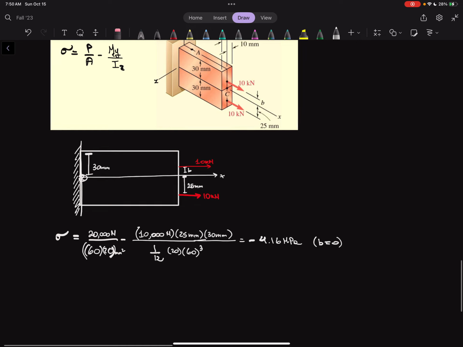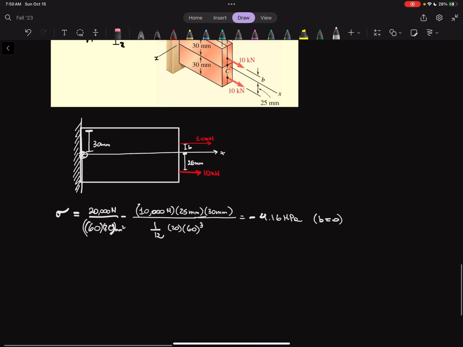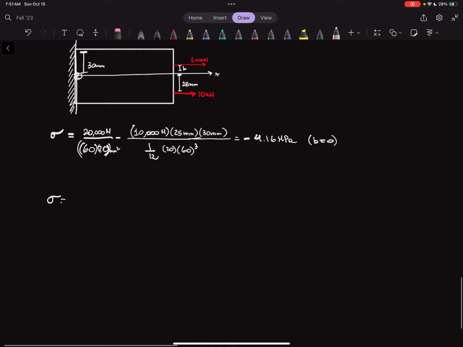And what about when B is 15? Well, this is where what I was talking about in terms of sign matters. The internal load is still going to be the same. And we won't put the units anymore because we've analyzed them. But we're going to have our 10,000 at a distance of 25, A is still 30, but the moment is going to be the overall moment, which is going to be this one, which is positive.